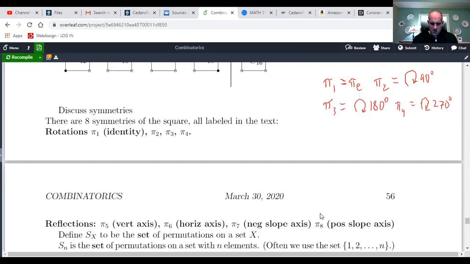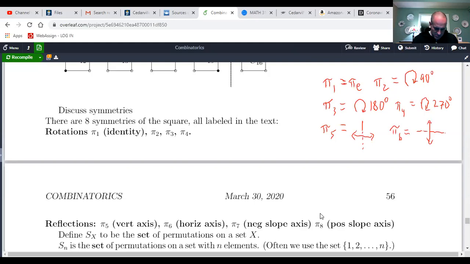And then what about pi5? Pi5 says that you're going to reflect in the vertical axis. So that's the thing that goes like this. Pi6 is the one that reflects in the horizontal axis, so it flips things like that.